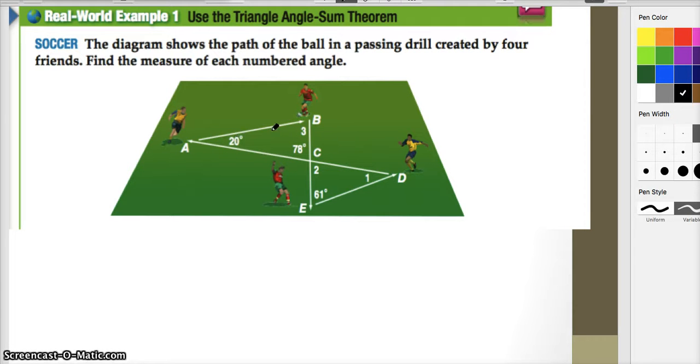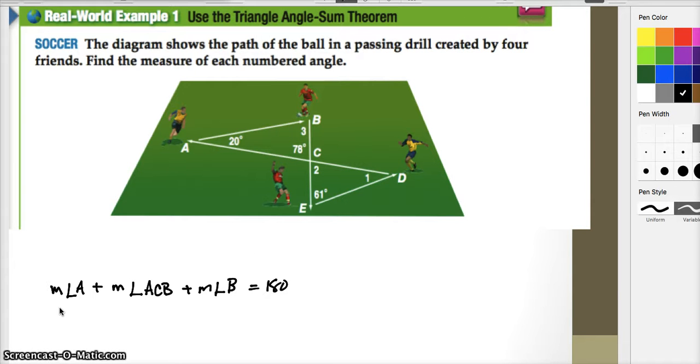We're going to add up 20 plus 78 plus some value to give me 180. Here this is written out specifically for our situation: the measure of angle A plus the measure of angle ACB plus the measure of angle B is equal to 180 degrees. I did ACB because C is the vertex of a couple of angles, so I wanted to specify I was talking about this one.